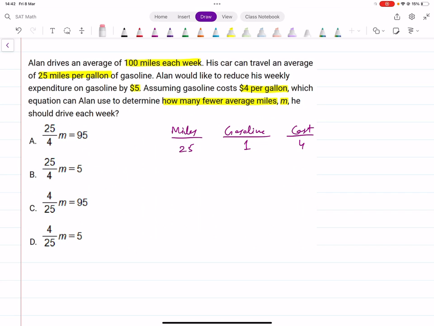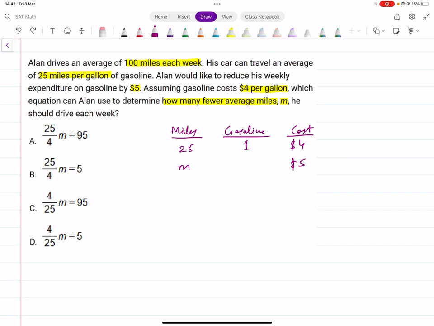How we can think about this is, if 25 miles cost $4, what is going to be the corresponding number of miles for $5? Because if $4 corresponds to 25 miles, then we just need to figure out what $5 corresponds to. So we can just use simple ratio on this.